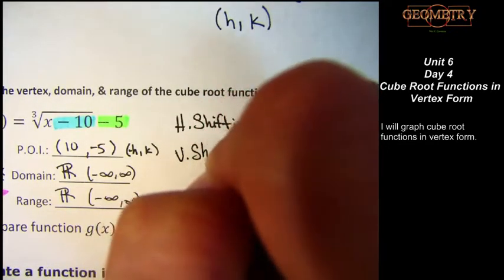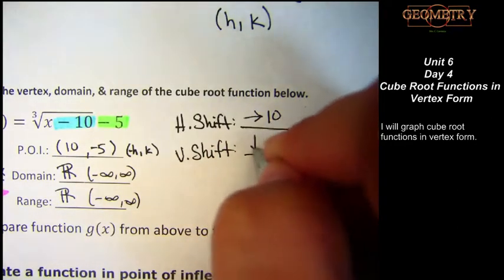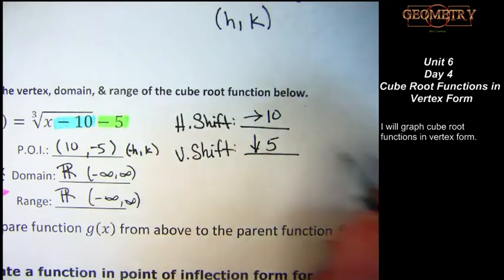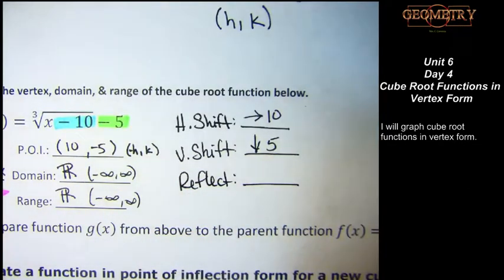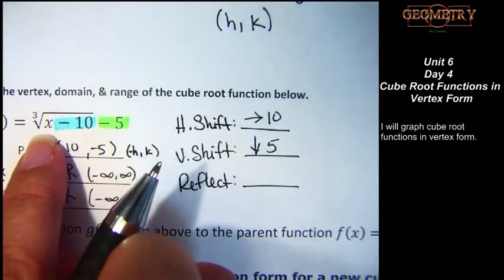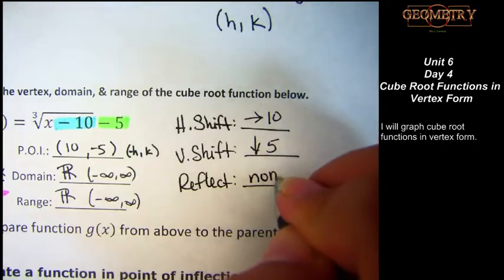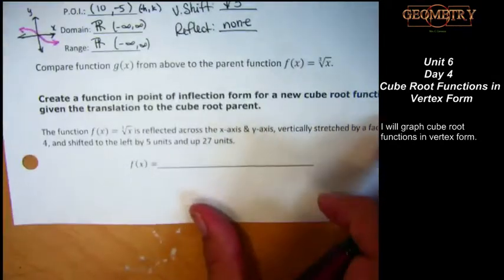Did it get shifted vertically? Down 5 units, yes. Is there any kind of reflection? None, because I don't have a negative in either the A location or in the B location. Good. Let's write an equation.